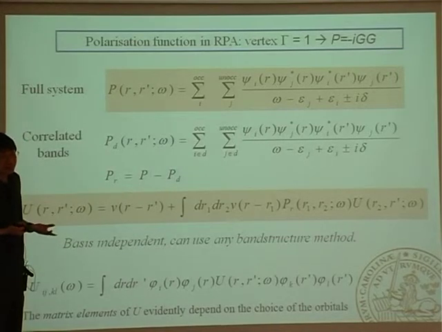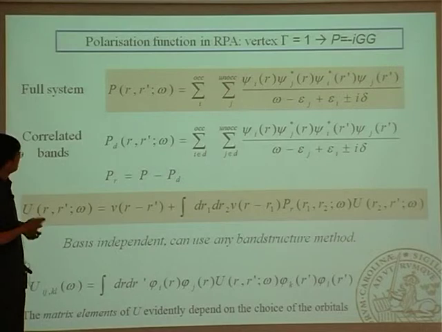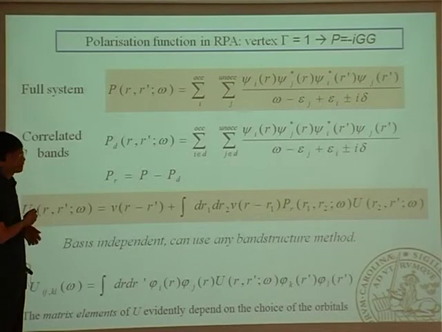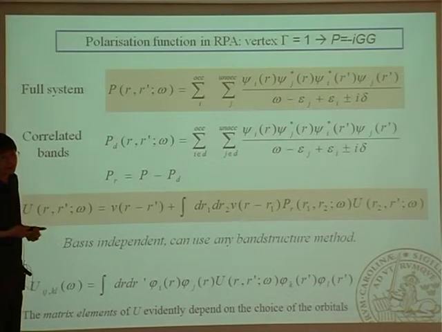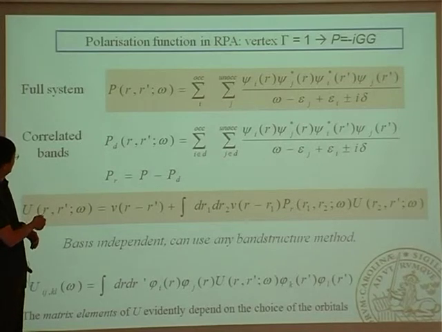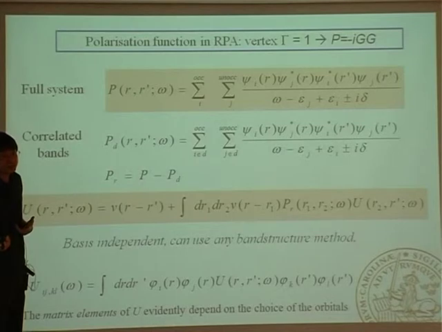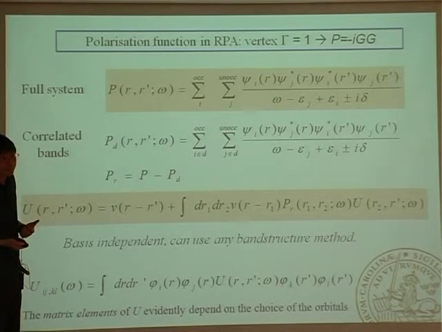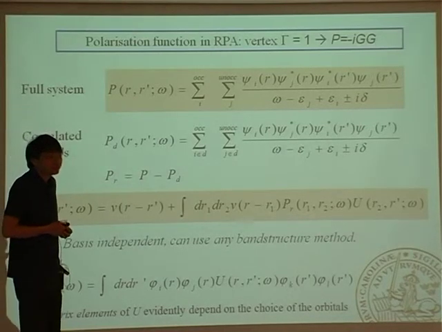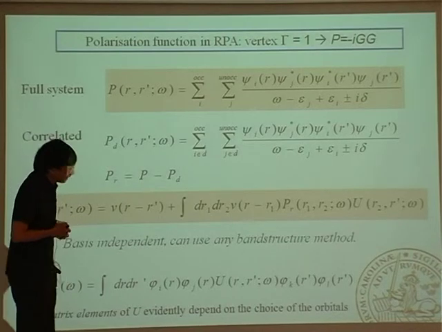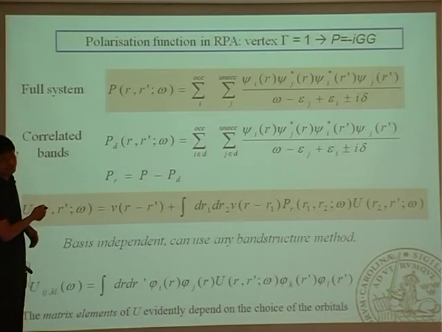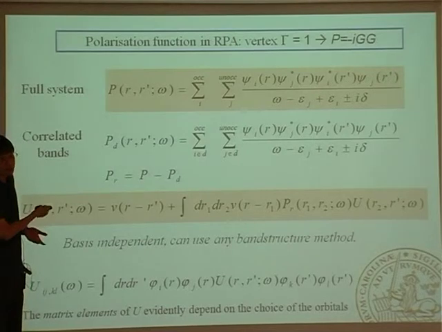Yes, as an approximation. So in principle, you could use the interacting Green's function. You could define it, instead of a sum over occupied and unoccupied, as a product of two Green's functions. In that calculation, these are Kohn-Sham wave functions, is it? Yeah, so I have not specified anything about the psi, but in practice it's the Kohn-Sham orbitals.